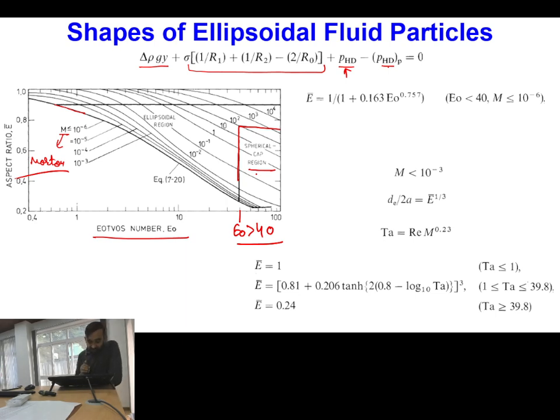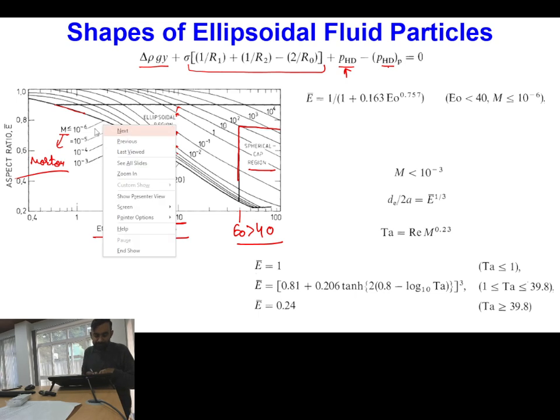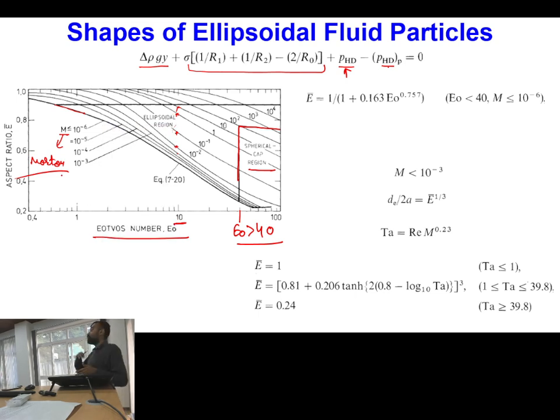Another interesting point is, if you take any particular value of the Eötvös number and then increase the value of the Morton number, there is less deformation in the shape of the droplet, because for a given Eötvös number, if we increase the Morton number, the value of the aspect ratio comes closer to 1.